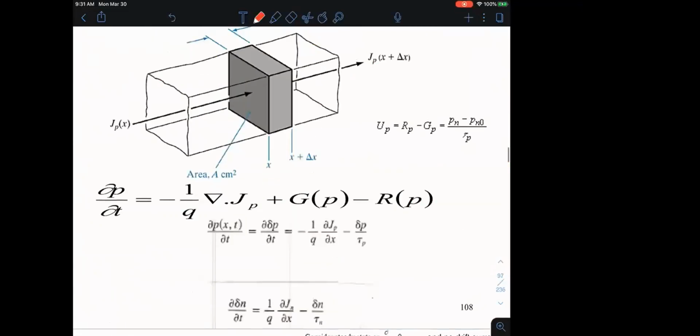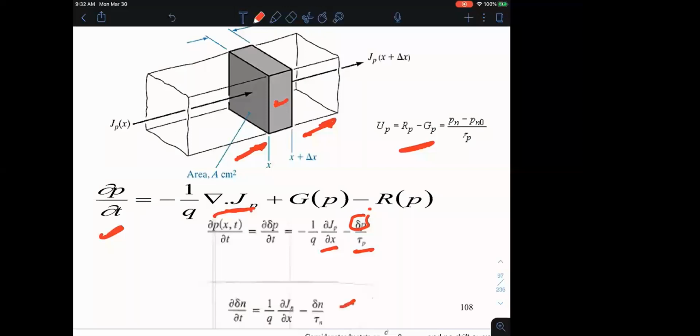So, before spring break, you may recall, we had looked at the continuity equation, which is this bookkeeping equation, which tells you that if you have current flowing in, JPX, and current flowing out at JPX plus delta x, and plus there's some recombination and generation going on, the time rate of change of the concentration in the microscopic region between x and x plus dx is given by the difference of current flowing in minus current flowing out, which is nothing but the divergence of the current in 3D, or del J del x in 1D, plus the recombination and generation terms, which is given by this term over here, which is excess concentration over the recombination lifetime. That is your continuity equation.